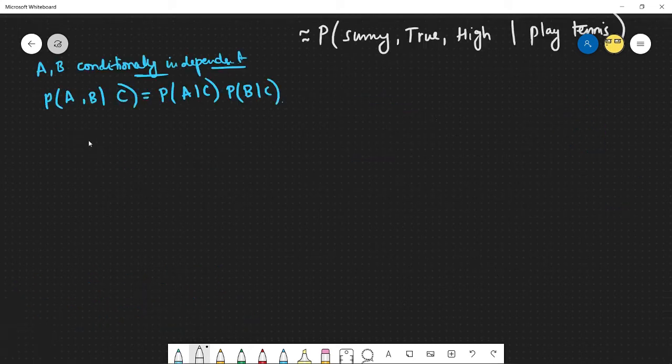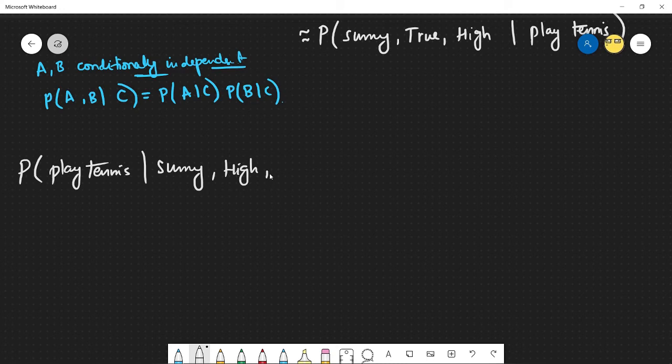By that, I mean that the probability of me playing tennis, given that the outlook was sunny, given that the humidity was high, and given that windy was true, if I assume that all of these are conditionally independent, isn't going to turn into this joint probability.